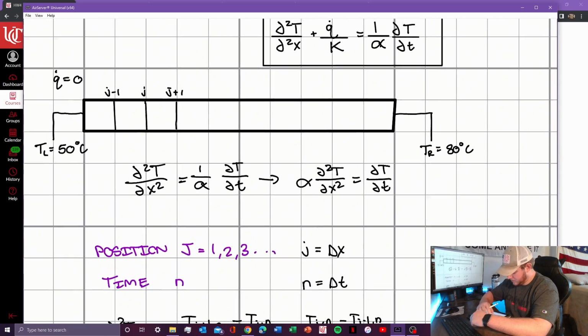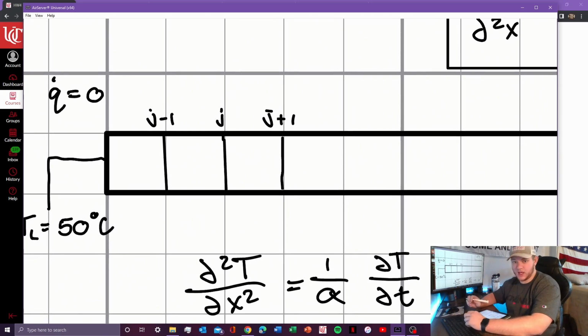Now, if we look at the bar here, I already laid this out a little bit. J, and then 1 up from J is J plus 1, and 1 behind J is J minus 1. So that's where those numbers are coming from.